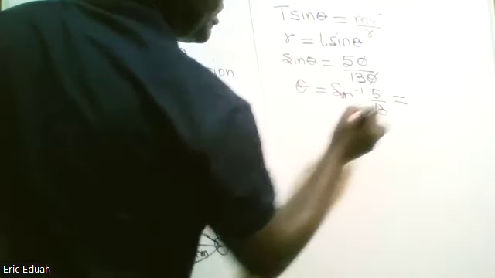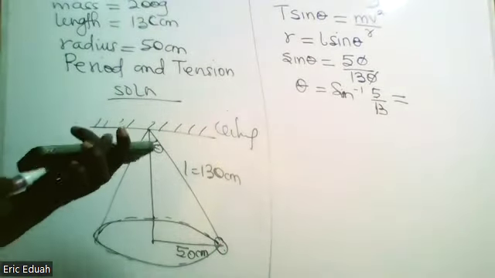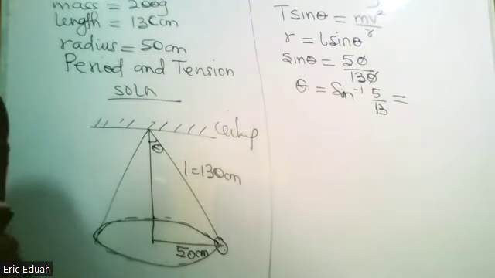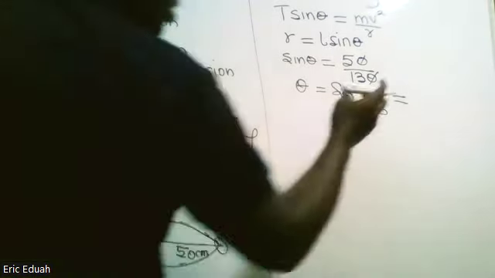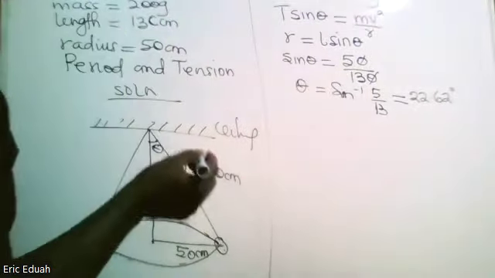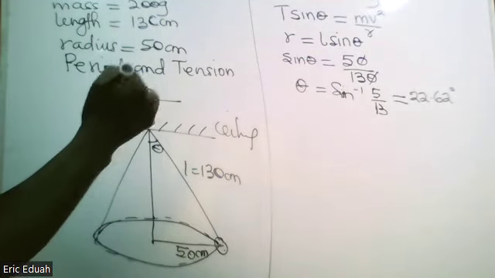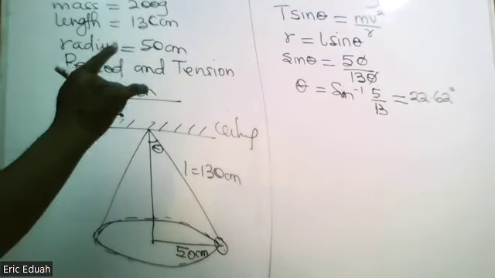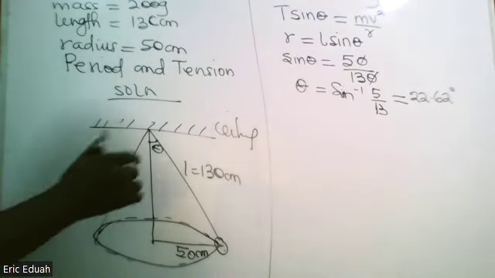Please, what's the sine inverse of 5 on 13? 22.62. So 22.62 degrees. And once we have theta, we can easily find the tension.